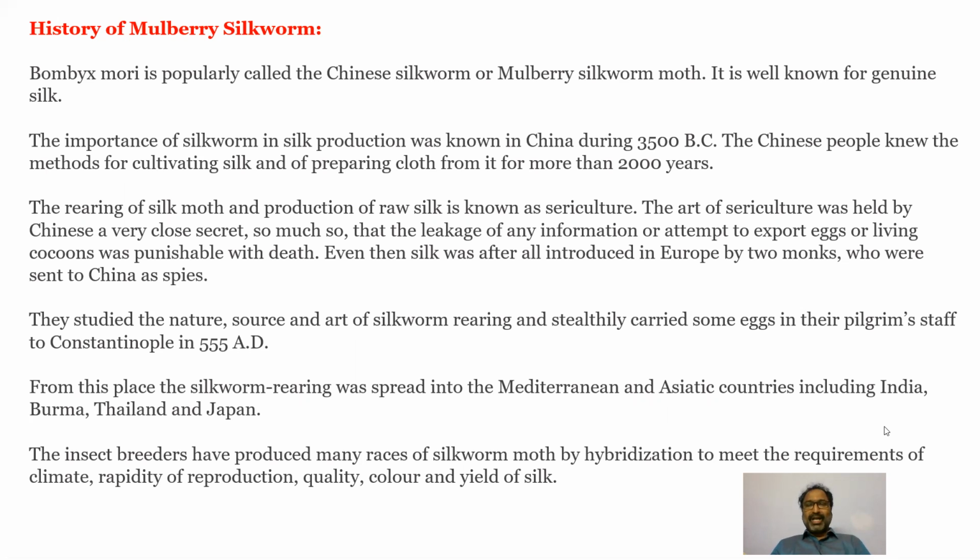Whatever they do, the Chinese keep it secret. So much so that the leakage of any information or attempt to export eggs from one place to another, or living cocoons, in the pupal stage, was punishable with death in those days, isn't it? Even then, silk was after all introduced in Europe by two monks.